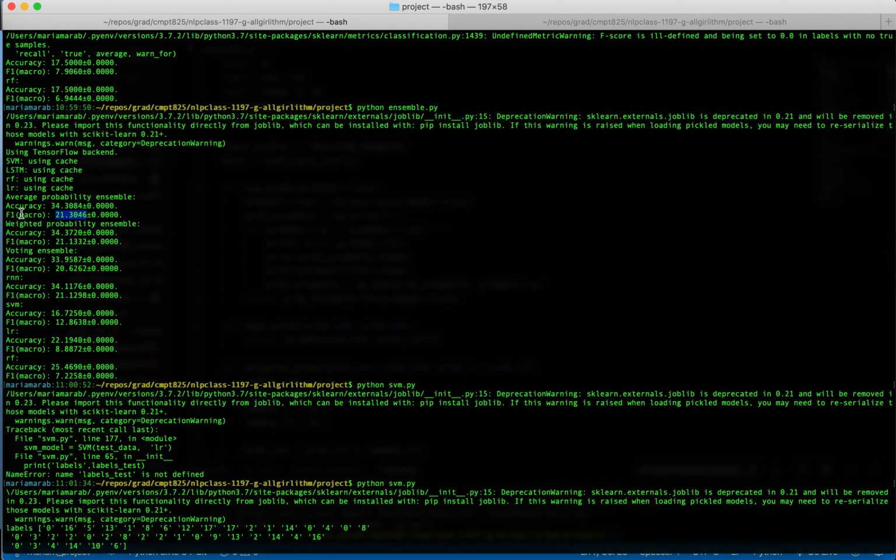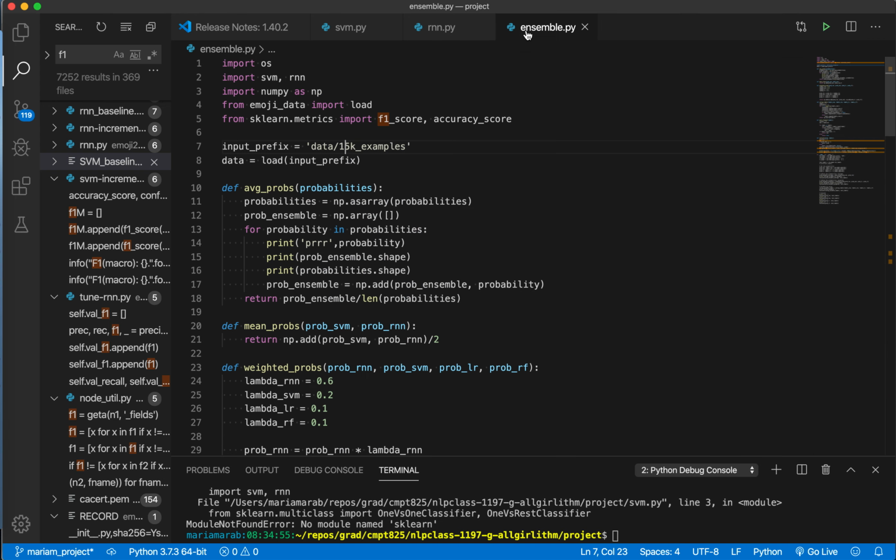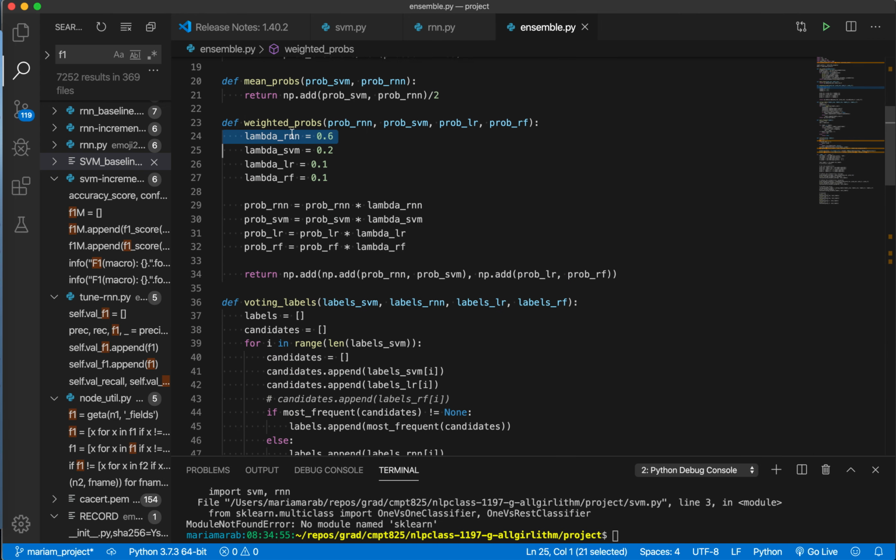So the other method I tried was a weighted ensemble. It increased the accuracy slightly, but that's only because I didn't really get a chance to play with the parameters. I set lambda RNN to be 0.6, lambda SVM to be 0.2, logistic regression to be 0.1, and random forest to be 0.1.